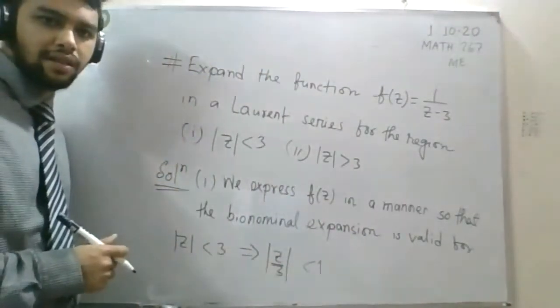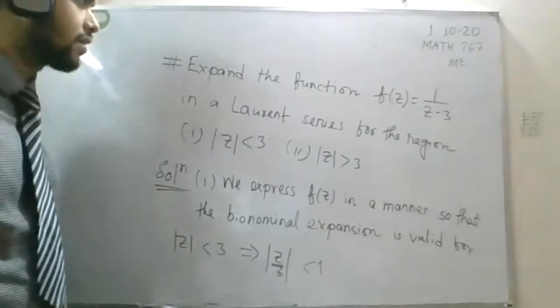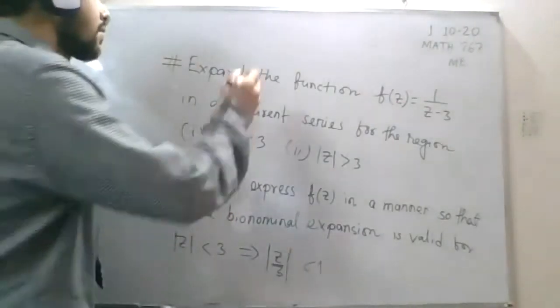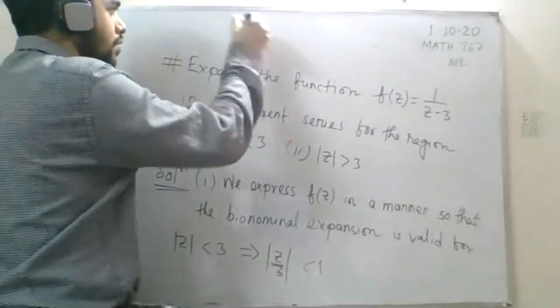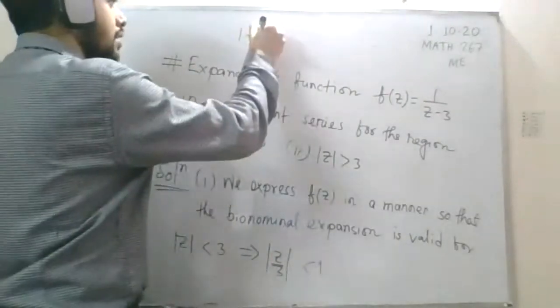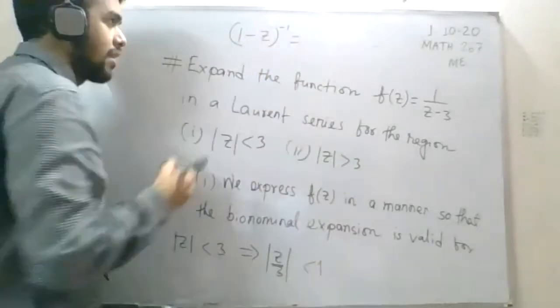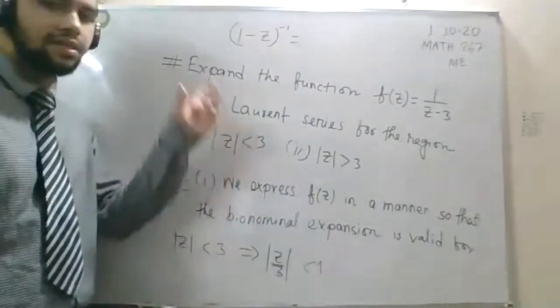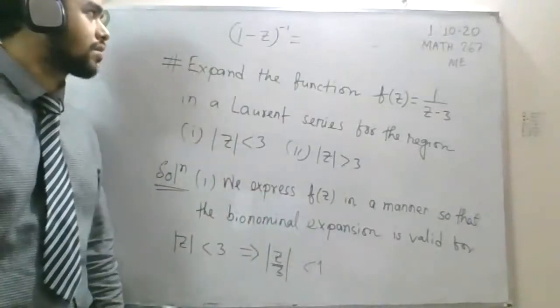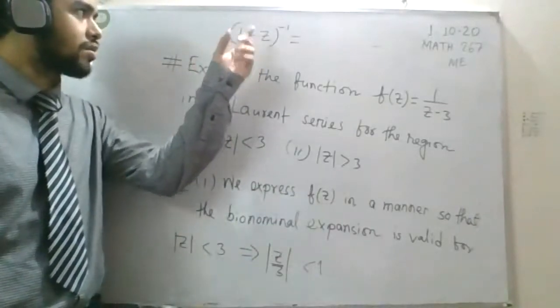Okay, so here just tell me, if I write, tell me the binomial extension of this, which is (1 minus z) to the power minus 1.